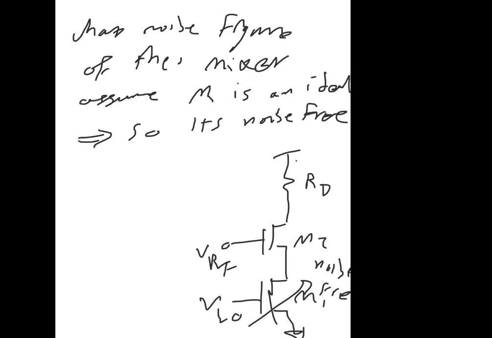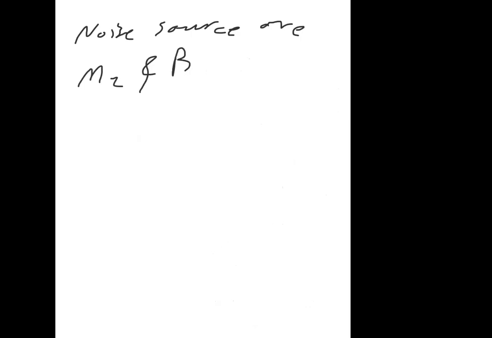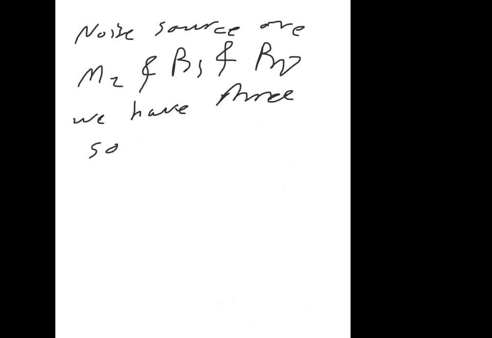So for this example, the noise sources are M2 and R of S and R of D. So we have three sources of noise.